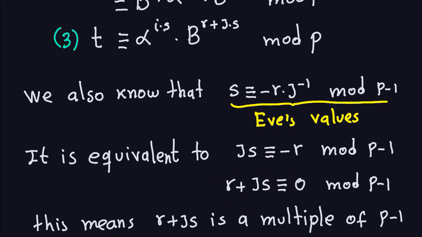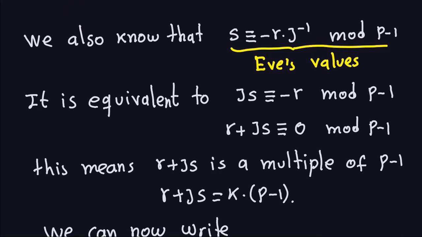Or another way to say it is that r plus js is a multiple of p minus 1. So I can write down r plus js equals k, where k here is some integer. It's not a key or anything. It's just an integer, and that multiplies p minus 1, which is translating this congruence.